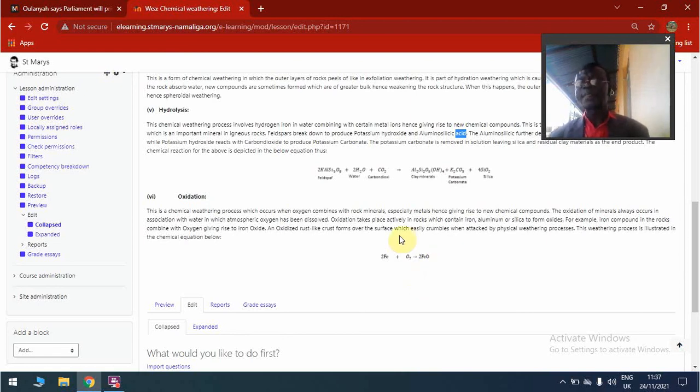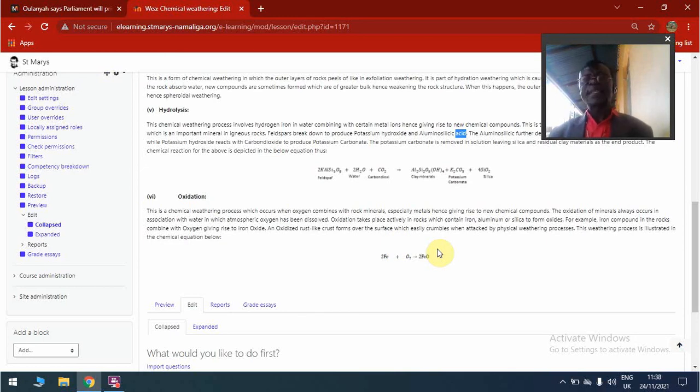So in this case, when oxidation occurs in iron, it will convert the iron into iron oxide, which is a weaker form of the iron. So when a rock has been oxidized in this way, the rock becomes weakened and it can easily crumble.